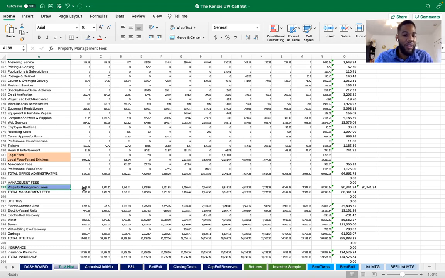But a maintenance tech on site, a property manager, or a leasing agent on site is usually considered a payroll cost. So this line item is what the company, let's call it ABC Management Company, is charging the property to provide the service of managing it. I hope that made sense.